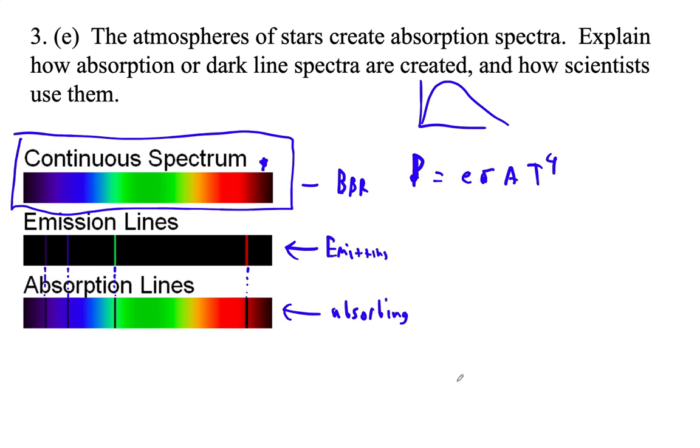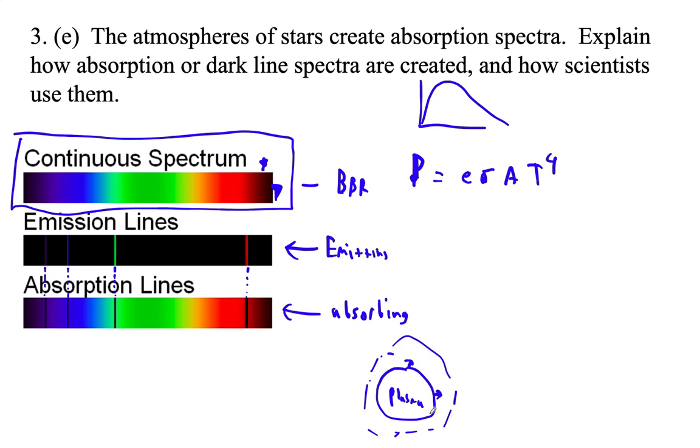So this is what you need to know: stars have an atmosphere, okay? So when I say the star itself, this is plasma, okay? This is a super hot, fiery material, right? It's not fire as in oxygen fire, but it's nuclear fusion, okay? And the radiation from it, this continuous spectrum, is radiating outward.